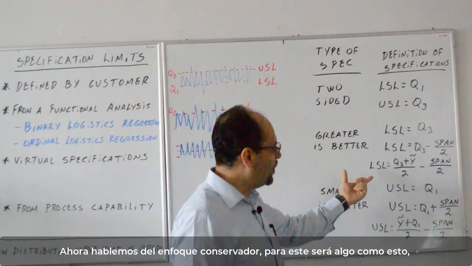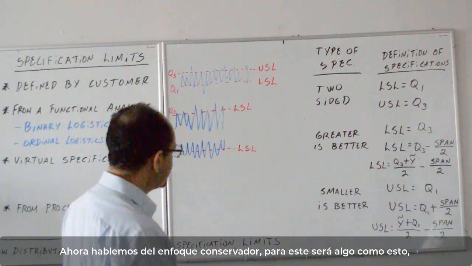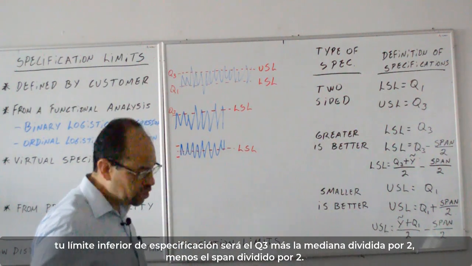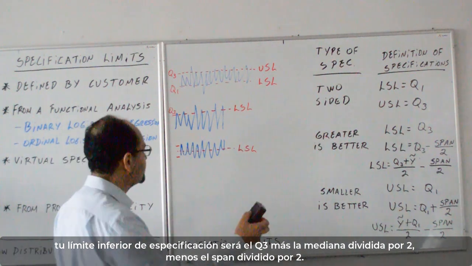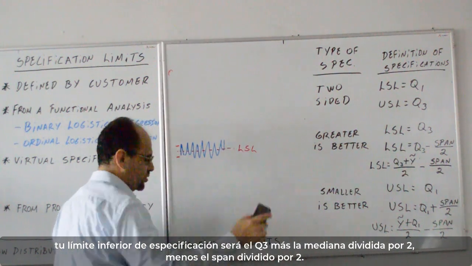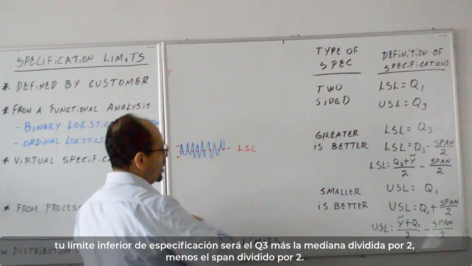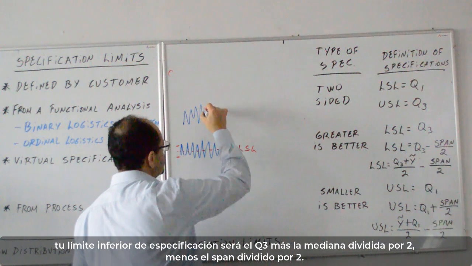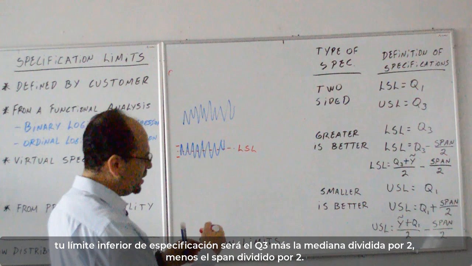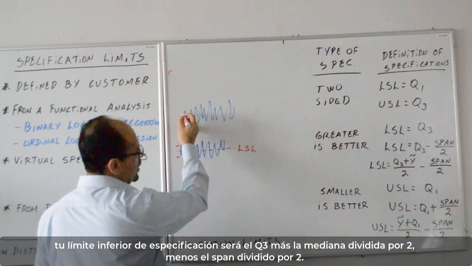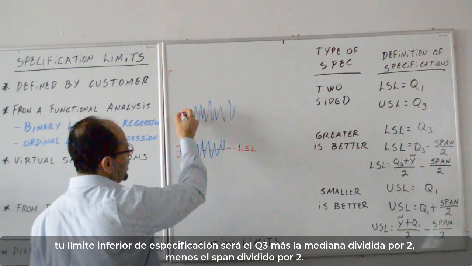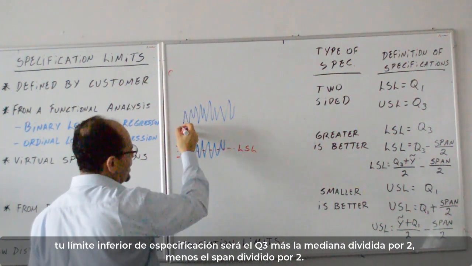Now, let's talk about the mild approach. For the mild approach, it will be, well, something like this one. You have also your, let me erase this part. For the mild approach, you are having something like this one. You are having your variability of your process. Your lower specification limit will be quartile 3 plus the mean divided by 2 minus the span divided by 2.